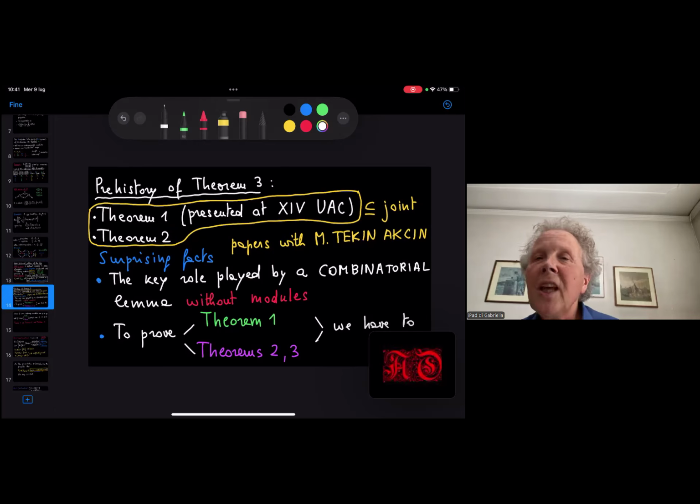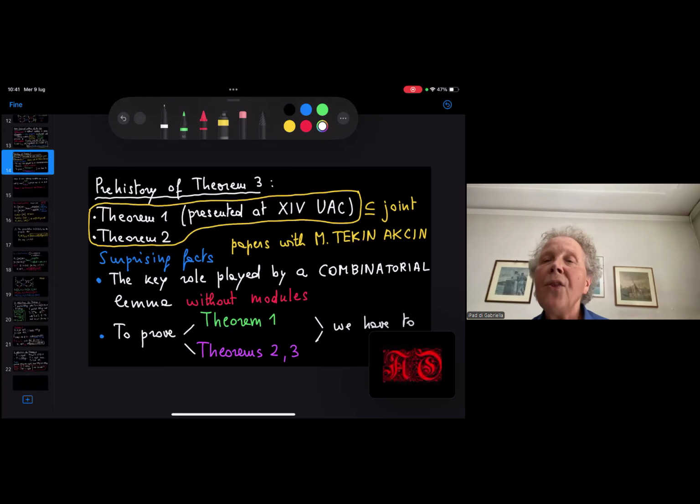The prehistory of theorem 3 are theorem 1 that I presented 2 years ago at this conference, and theorem 2. Theorem 1 and theorem 2 are contained in 2 joint papers with a mathematician from Turkey, Melis Tekin Ekçin. 2 surprising facts in all the theorems are the following.